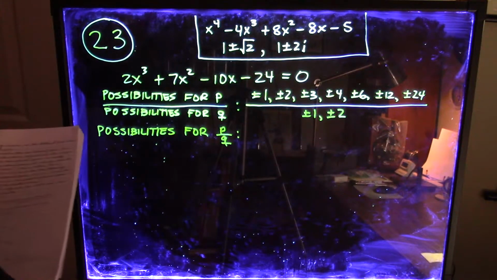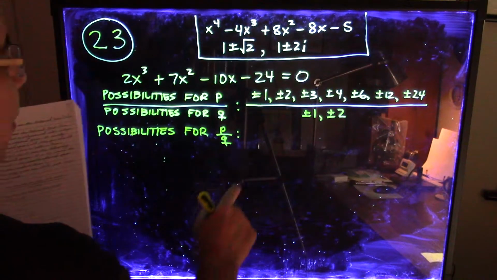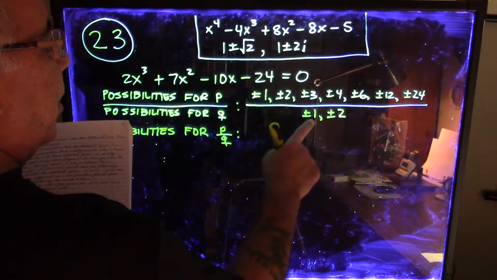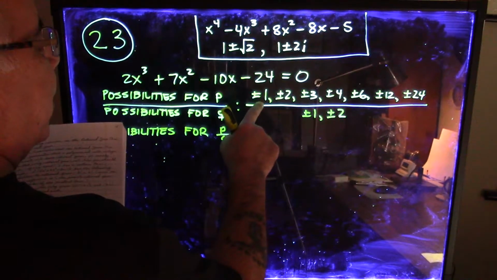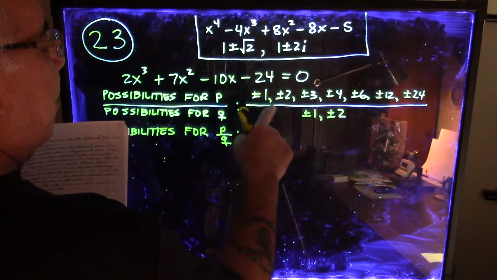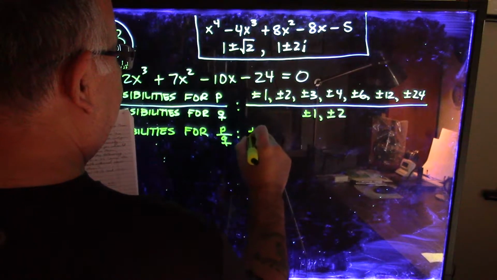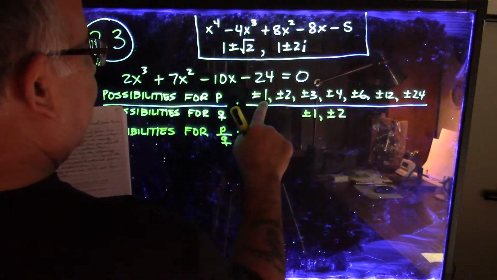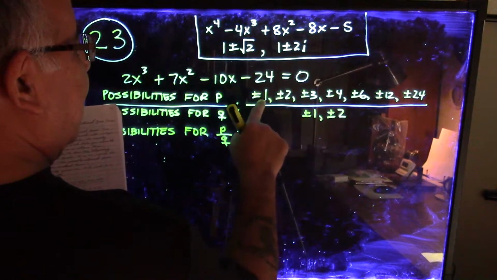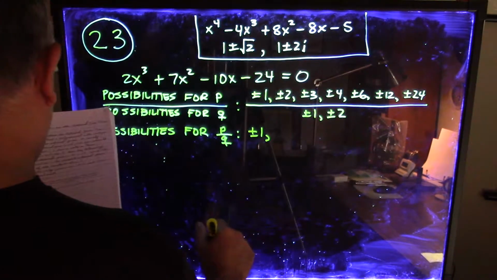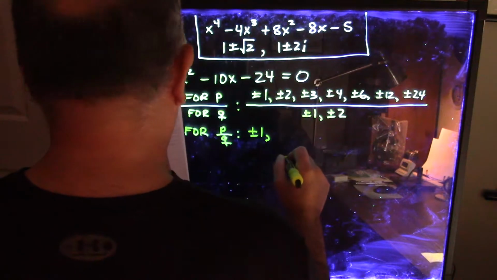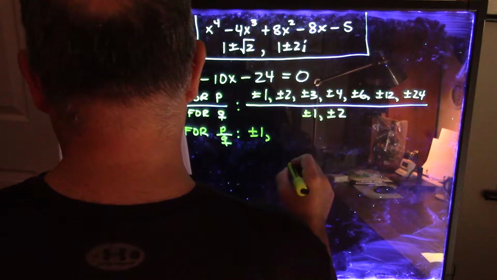Rational numbers, remember, are fractions. So you take these possibilities and put them over each of these. Start with plus or minus 1 over plus or minus 1. That gives you just plus or minus 1. Then plus or minus 1 over plus or minus 2 gives you plus or minus a half.